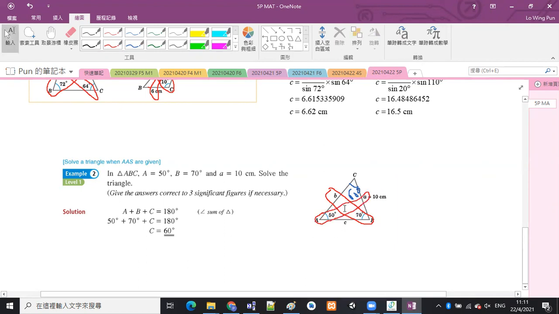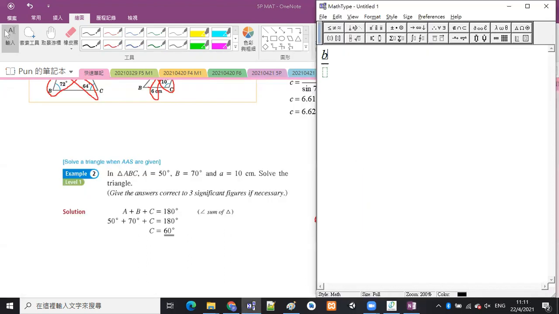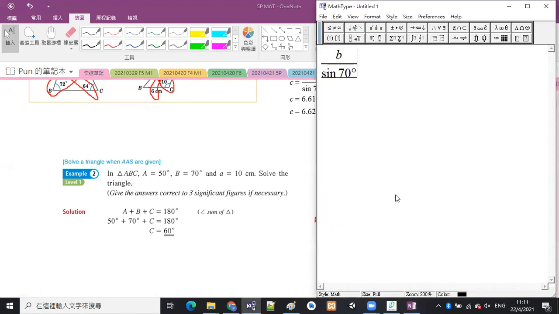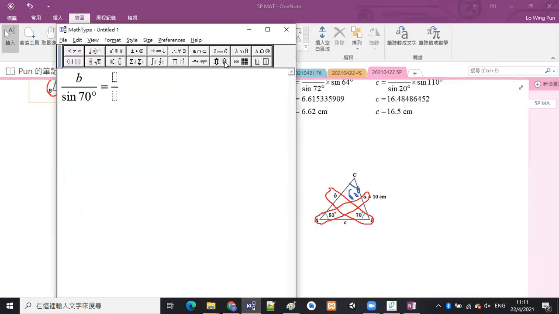Later we calculate c last. Okay, so now I want to find length b. So I have to put b on the top left corner and then divide by sine angle B, and angle B is 70 degrees. And it's equal to the other pair, the length a, that is 10 cm, divided by sine angle A, that is sine 50 degrees. Get this? Okay.